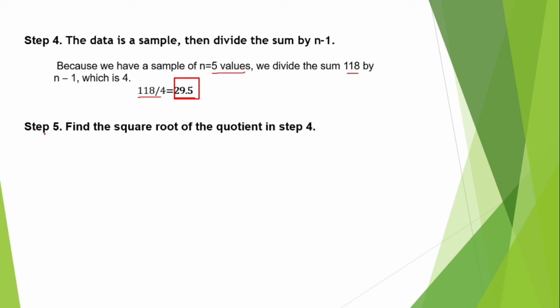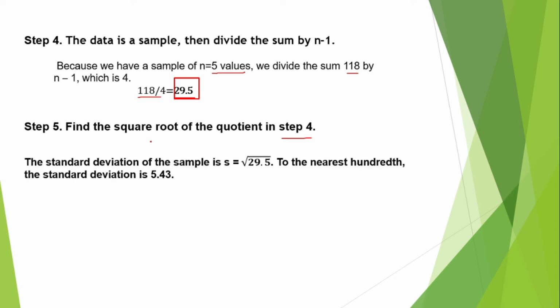So, in step 5, we need to find the square root of the quotient in step 4. So, the standard deviation of the sample s is equal to the square root of 29.5. So, we get the square root of 29.5, then round off to the nearest hundredth. So, the standard deviation is simply 5.43.